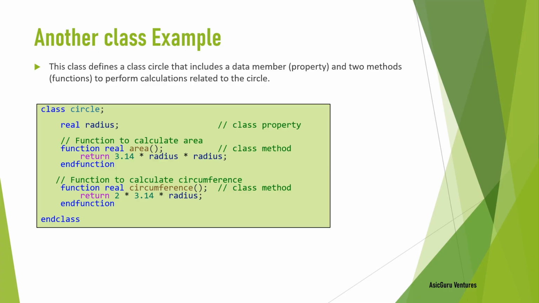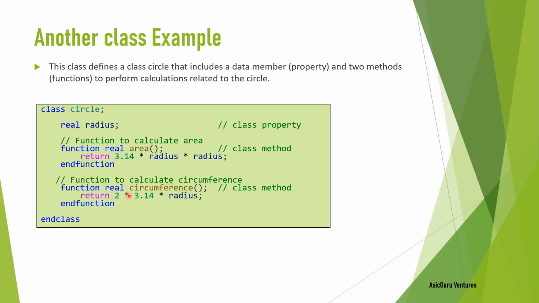This is another example to extend our understanding of classes. In this example, the class is named circle and it defines a property called radius, which stores the radius of the circle, and two methods, or we can say two functions, that operate on this property. The first is area. It returns the area of the circle using the formula pi r square.